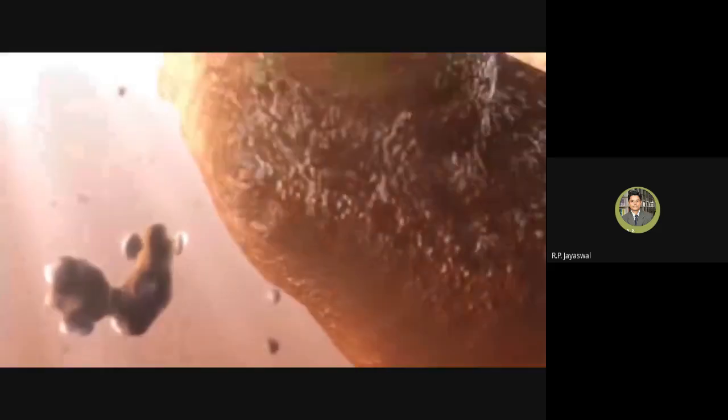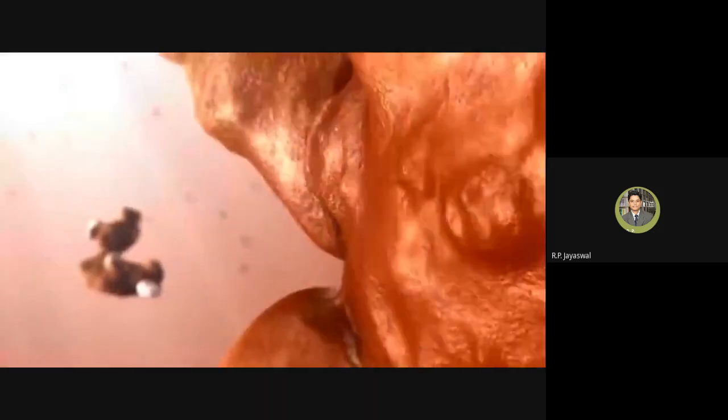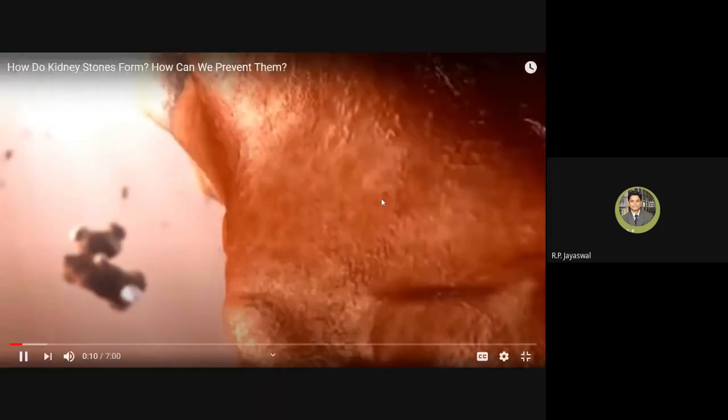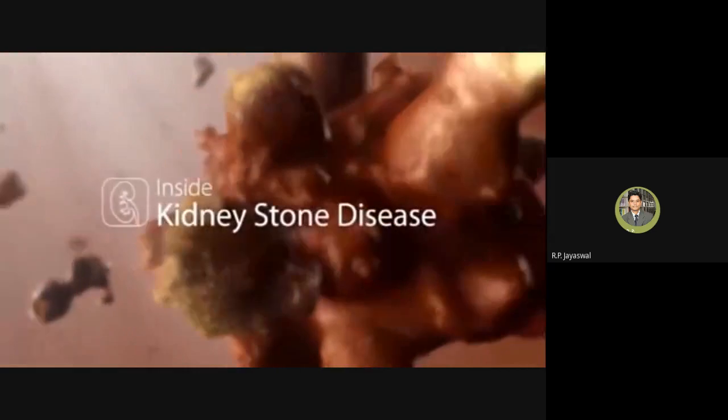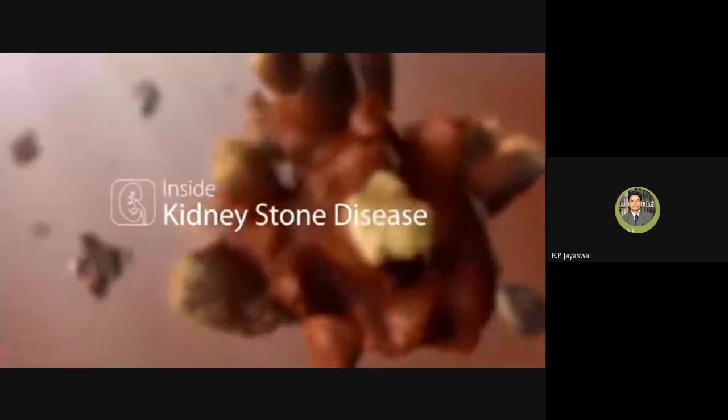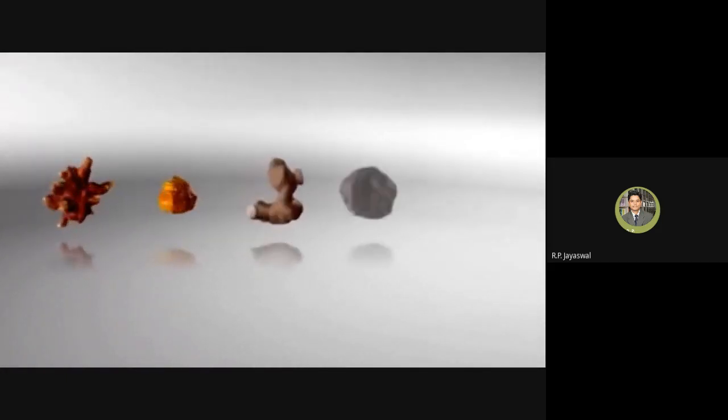A kidney stone can be as small as the head of a pin, almost invisible to the naked eye. But as every stone former knows, the pain resulting from this tiny crystal structure can be enormous. Inside kidney stone disease. Kidney stones, or renal calculi, are aggregates of crystals enclosed in a matrix that develop within the kidneys.